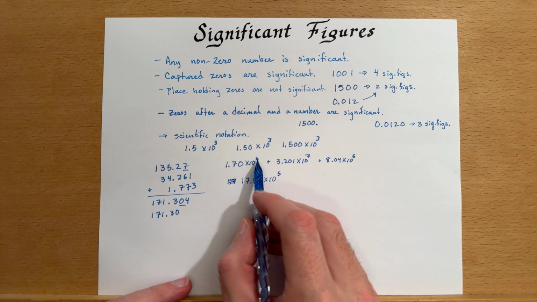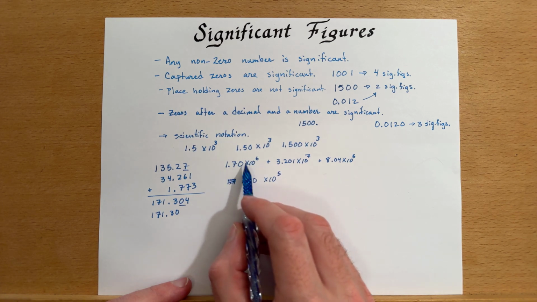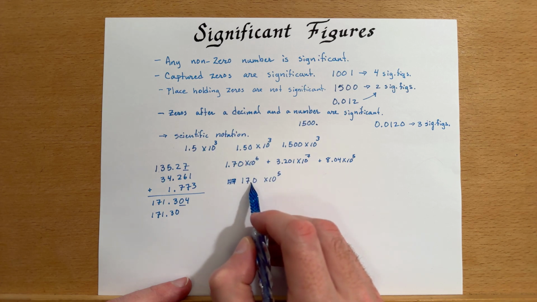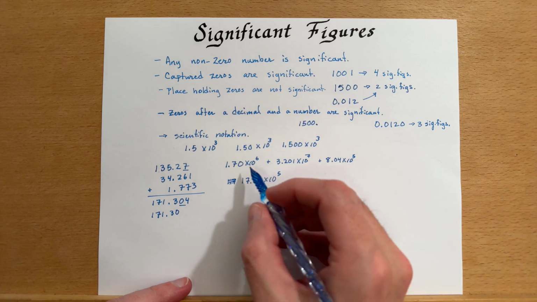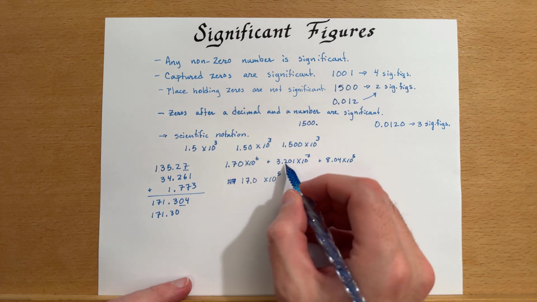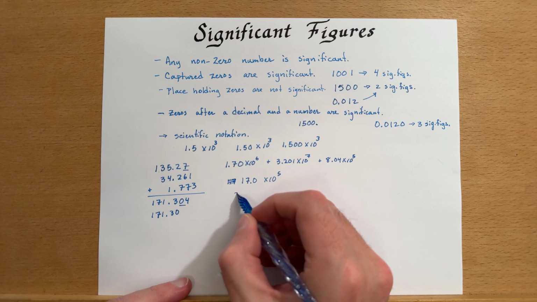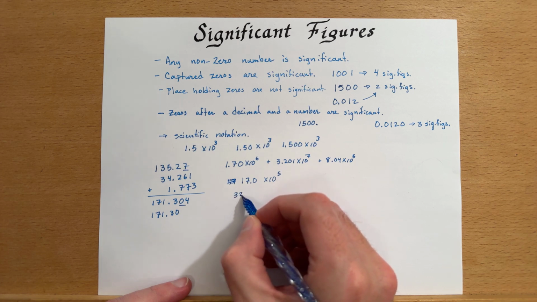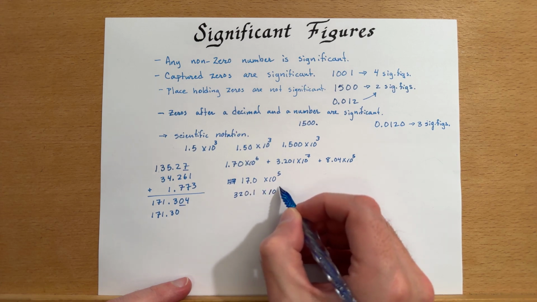So for this 10 to the 6th one, I'll have to move the decimal place over 1 so that now I have 17 times 10 to the 5th. That should be the same as 1.7 times 10 to the 6th. And then with my 3.2 times 10 to the 7th, that is going to be 320.1 times 10 to the 5th.